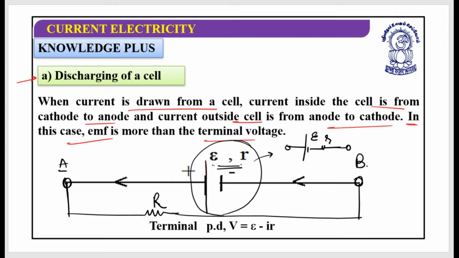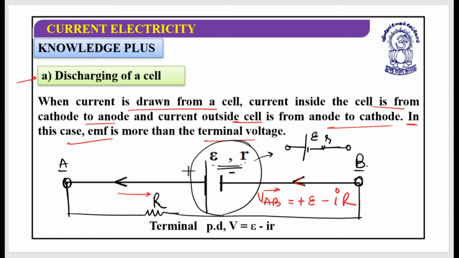So while I am moving from A to B, what can I write? VAB would be equal to, I am moving in this direction, which is opposite to the direction of current. First I meet the positive terminal of the battery, it is plus E. Now a resistance would be there, but current is moving in this direction and I am moving in this direction, so these two are opposite.